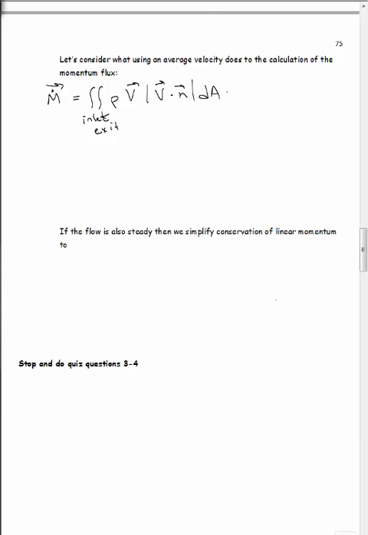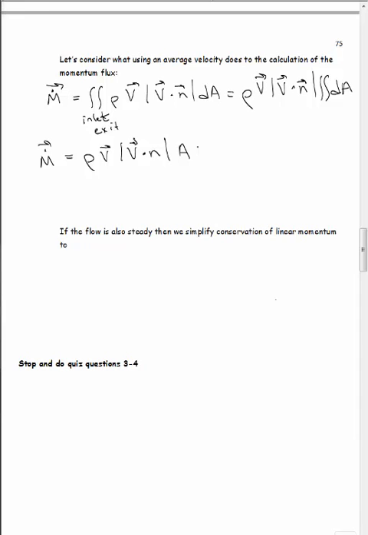So they all come out. So rho comes out because it's incompressible, v dot n, and the integral over the area of dA. Well, the integral over that area of dA is just A. So our m dot equals rho v dot n A.